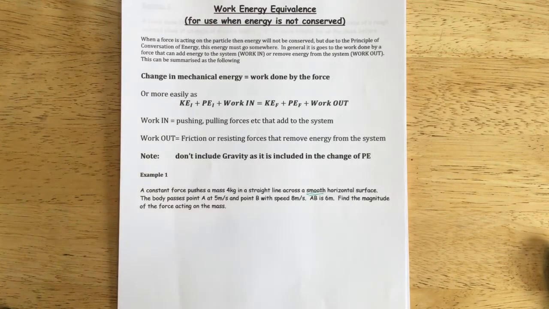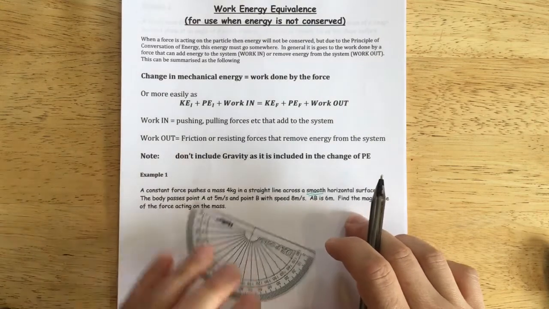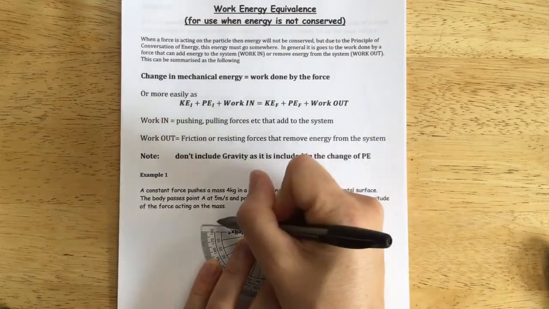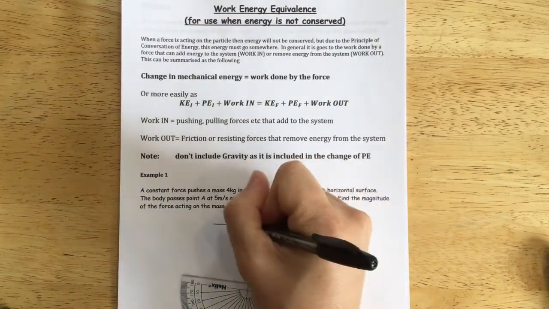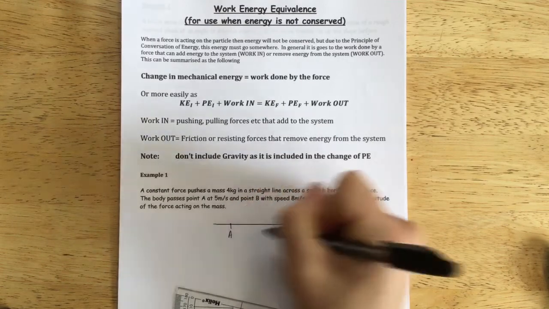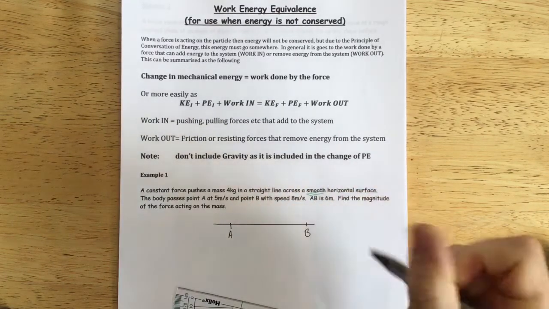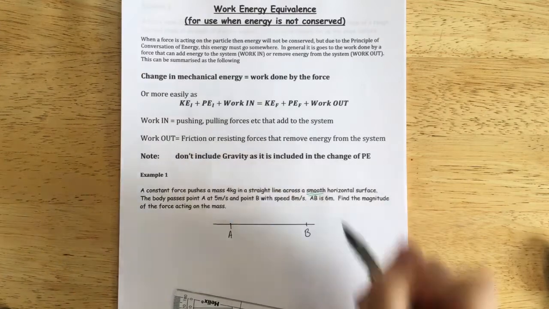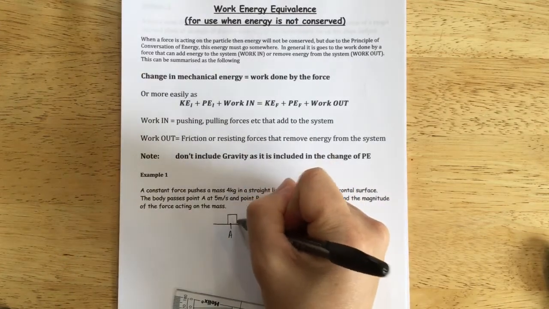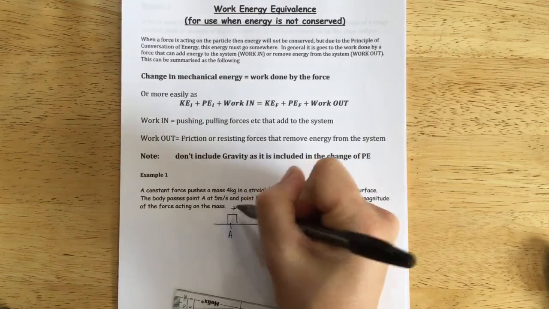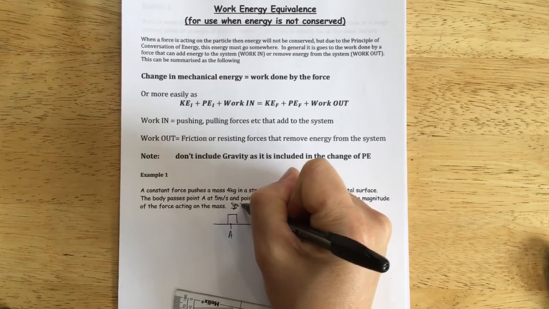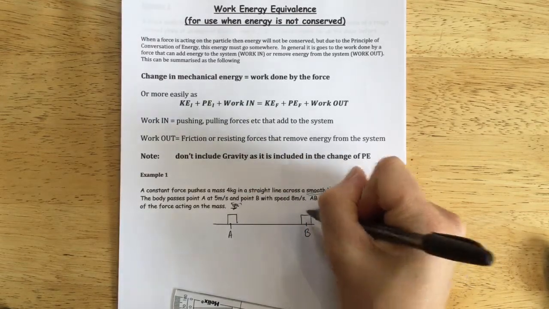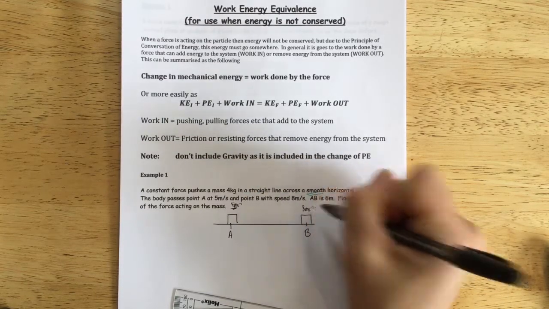Okay. So very simply, it's a straight line. It's going across from point A to point B. It's a smooth horizontal surface, and here it's going at 5 meters per second, and when it gets to here it's going at 8 meters per second.